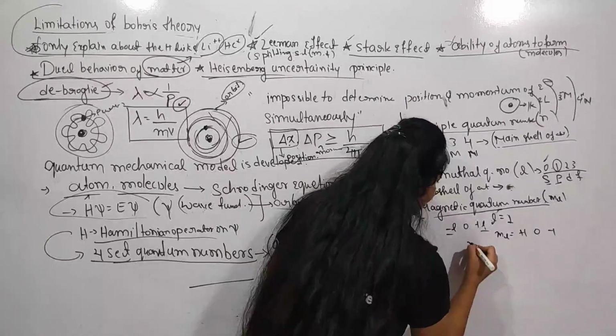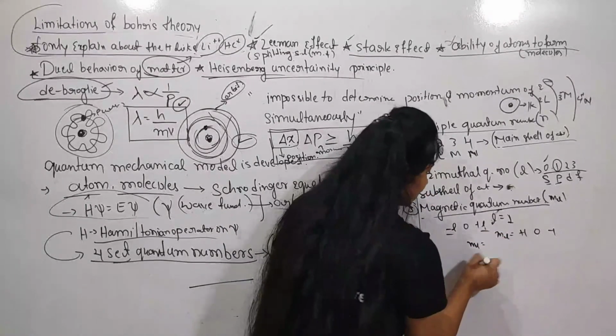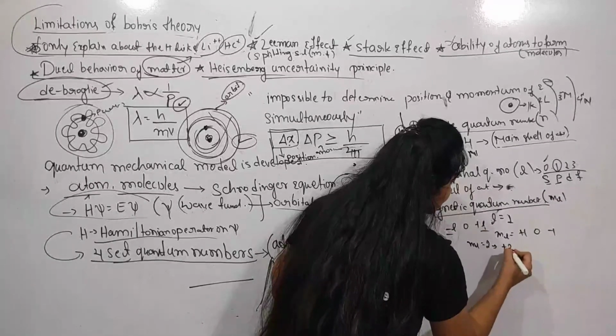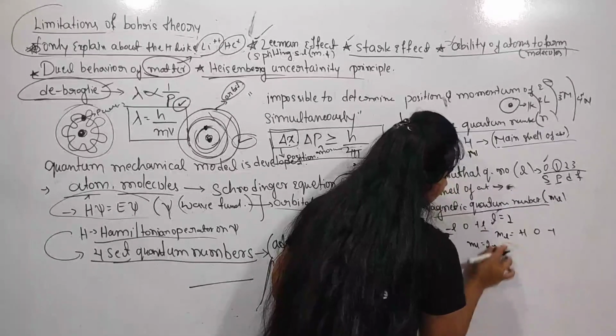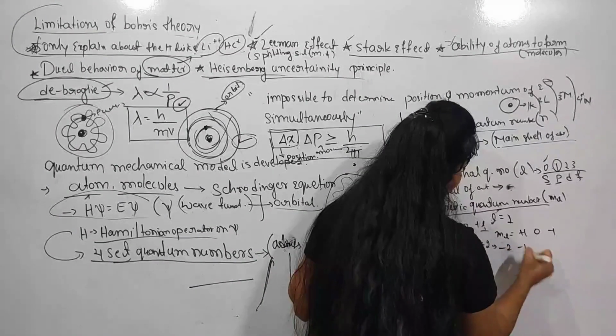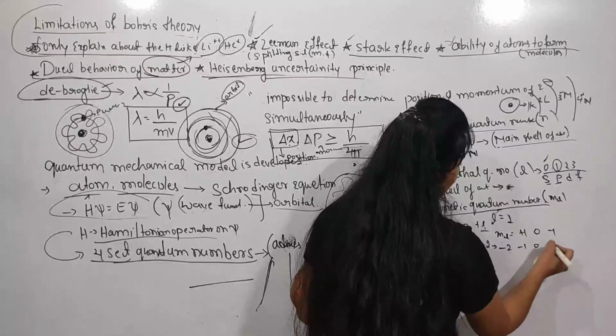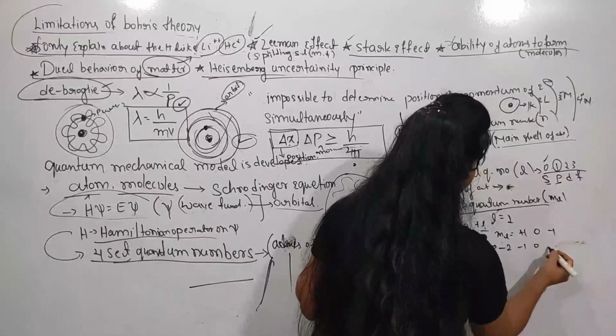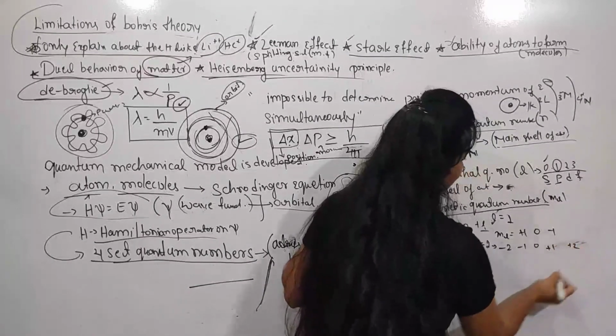If l value is 2, then what happens? Minus 2, minus 1, 0, plus 1, plus 2.